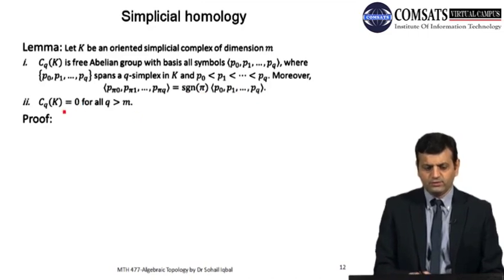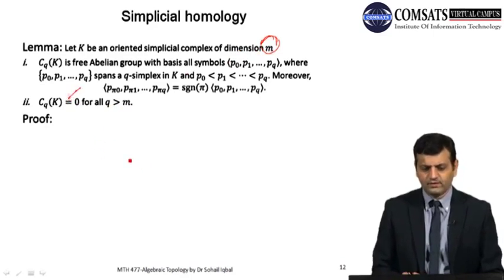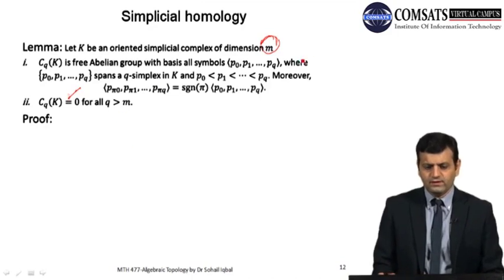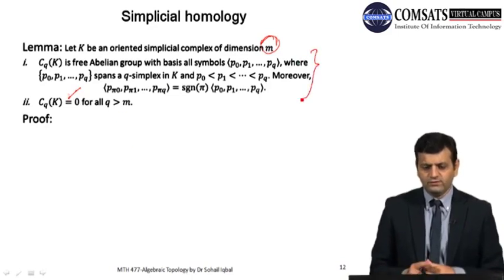And also, most importantly, if Q is greater than M, and what is M? The dimension of K. Okay, so if we have Q greater than the dimension of the simplicial complex K, then all these CQK are 0. So in other words, we have seen an equivalent criteria to define these abelian groups.